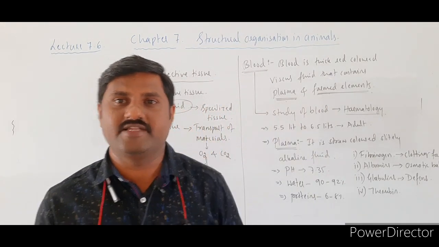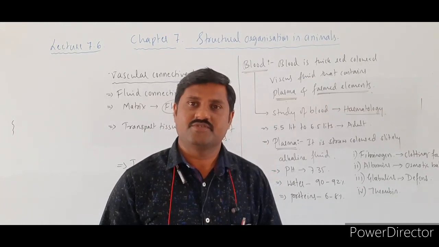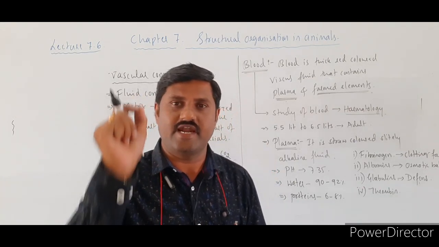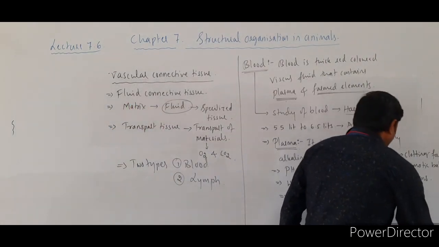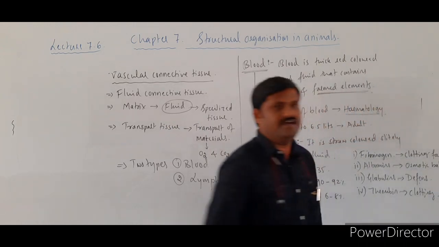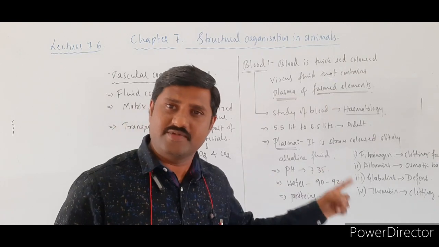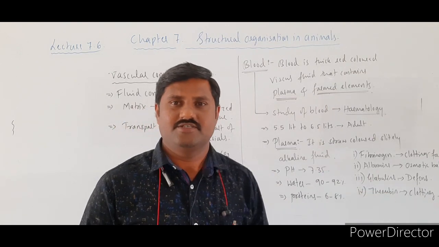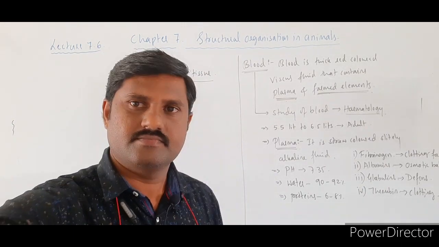Immunoglobulins are Y shaped, nothing but antibodies. Thrombin also helps in clotting of the blood. So many proteins are present, they are 6 to 8% in percentage.